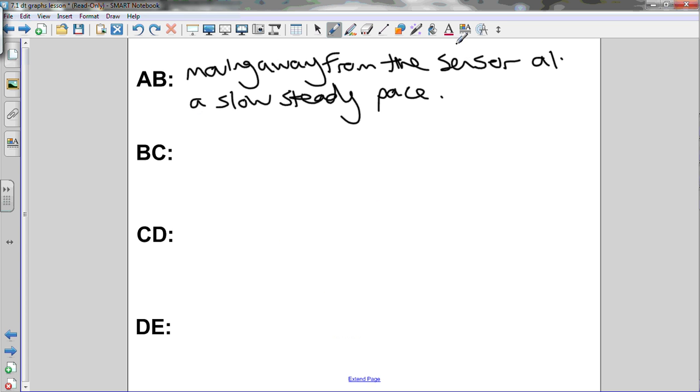So I should, right in part AB here, I shouldn't have said away from the sensor, I should have said home, because the question tells us that the fixed point is the person's home. So moving away from home at a slow, steady pace.